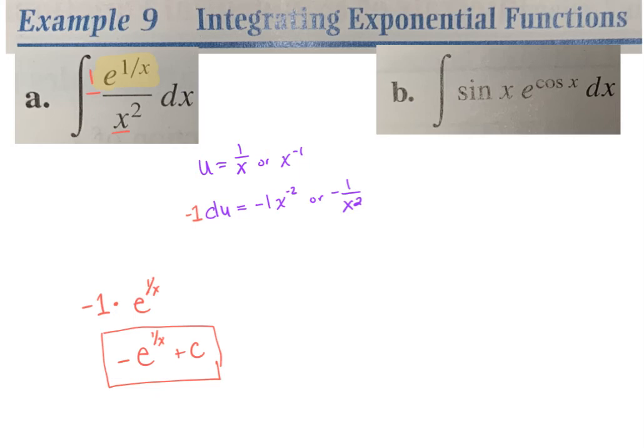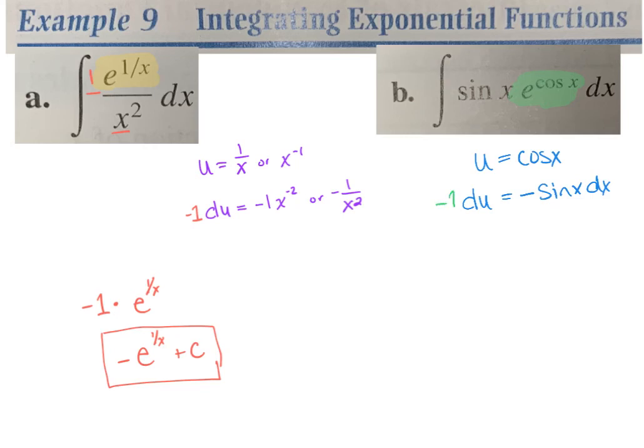Look at the next one. My function I'm talking about is e to the cosine of x. So when I do a u substitution, I would need to consider just the cosine of x. What's the derivative of the cosine of x? Negative sine of x. What do I have? Positive sine of x.